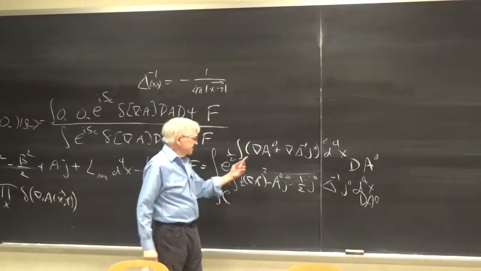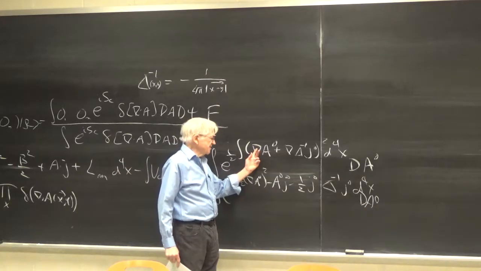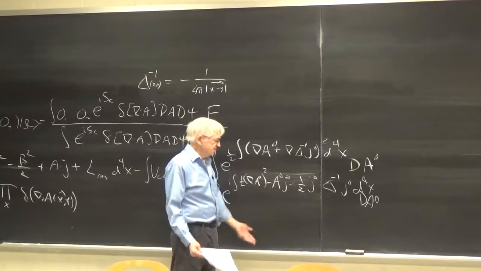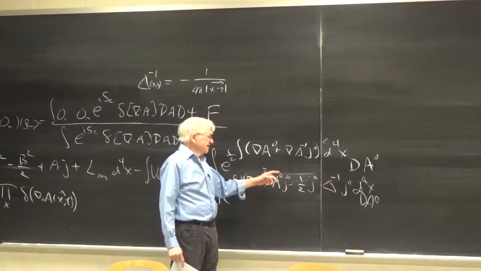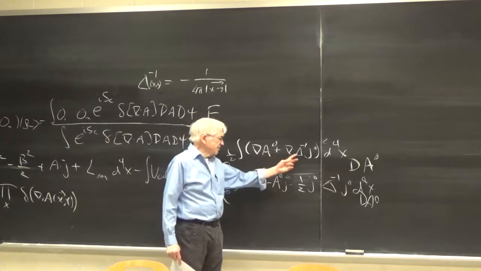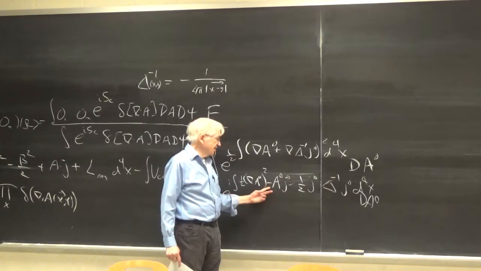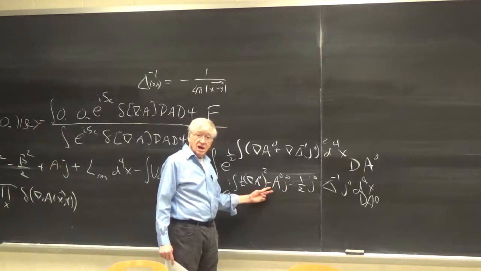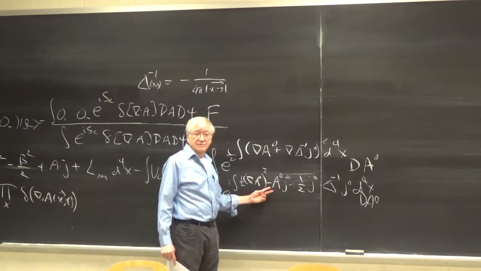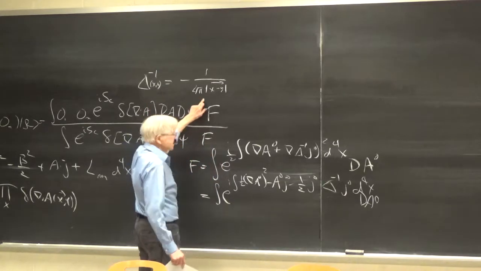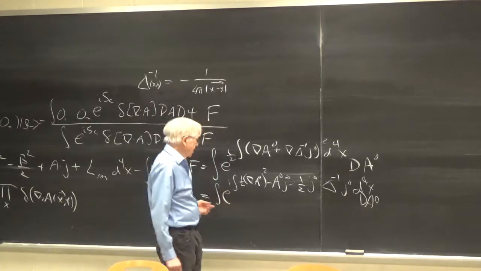What's happened here is that we integrate by parts on this term and we get a grad squared with a minus sign. But grad squared times inverse grad squared is just 1, the functional identity, and so that gives us an A0 J0 term. That's this term. So this del inverse is the Green's function for the Laplace equation? Yeah, the inverse Laplacian is the Green's function.